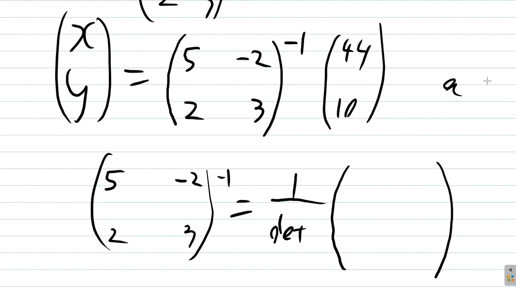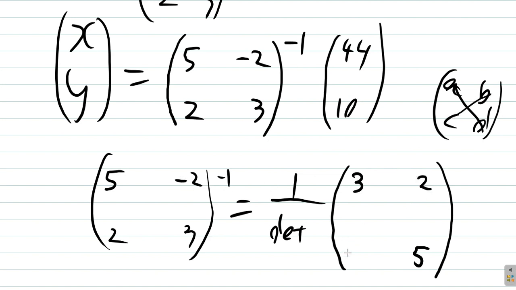Remember, it's in the form a, b, c, d. Interchange a and d. In this case, a is 5, b is -2, c is 2, d is 3. You put 3 up here and 5 down here. Change the signs of b and c. So you have a +2 and a -2 down here.